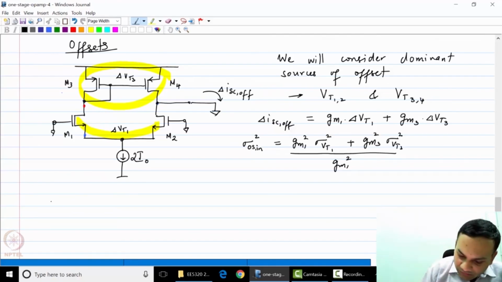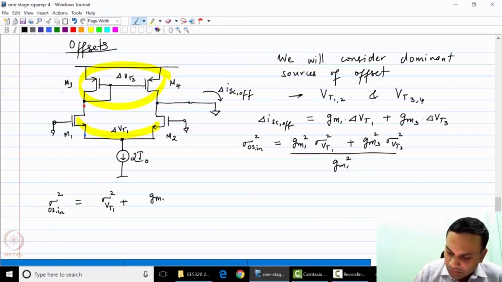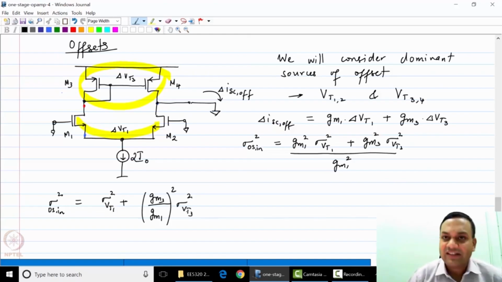Therefore, the input referred offset sigma squared is nothing but sigma squared Vt1 squared plus GM3 over GM1 squared times sigma squared Vt3 squared.